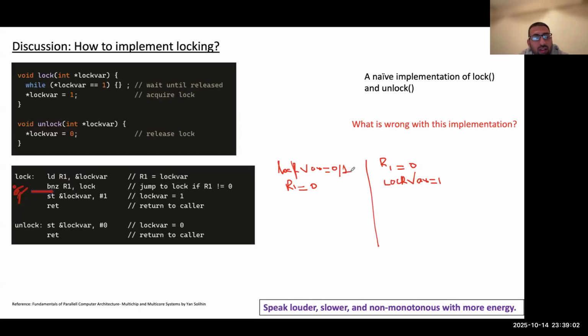So what is happening here? Both of the threads are getting the lock at the same time, which is not the behavior we want. The behavior we want is that only one thread can acquire the lock at a given time, right? Is everyone with me on this? If not, please let me know.